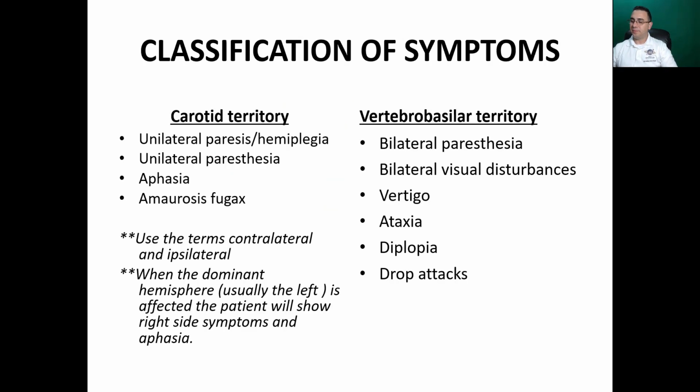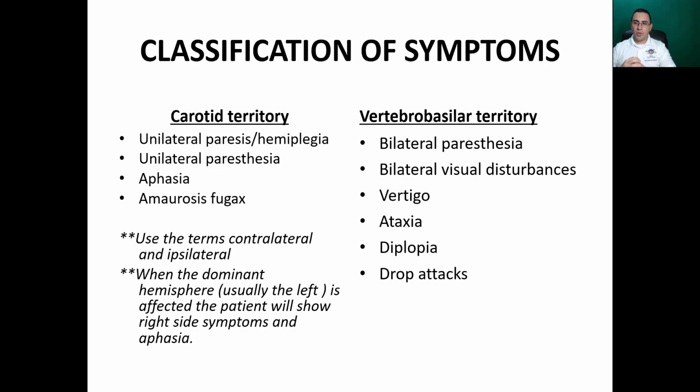Beautiful. Now, this is a shorter lecture because I want you to understand really well and perfect this anatomy, this intracranial anatomy, and this connection between the posterior and the anterior circulations.